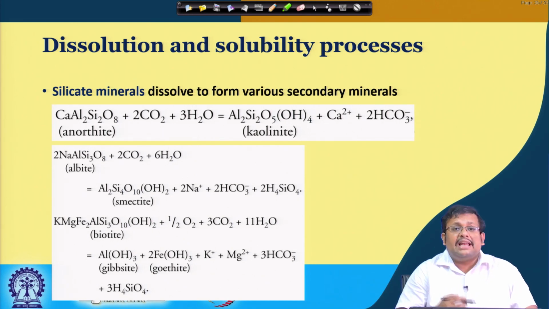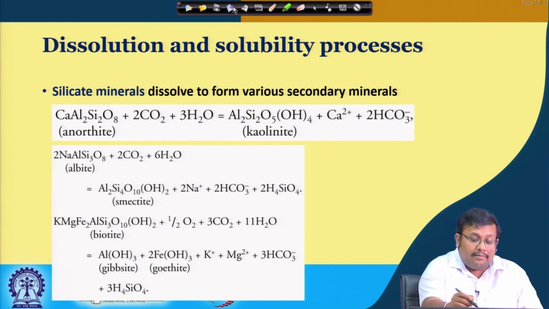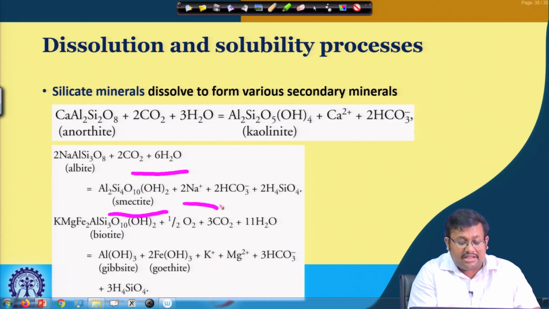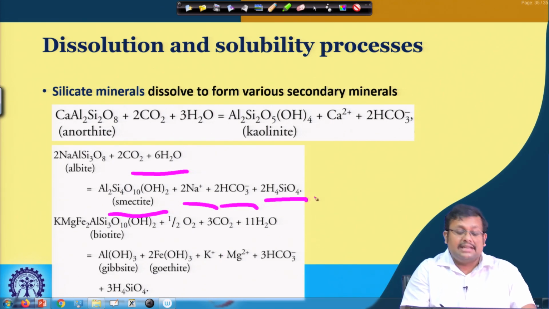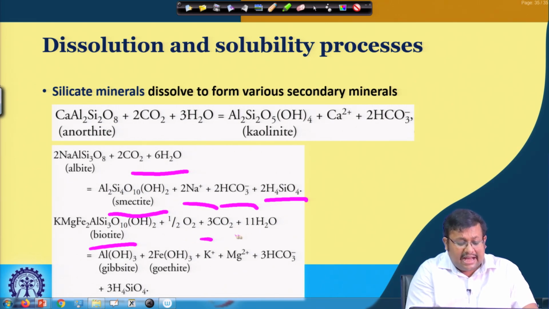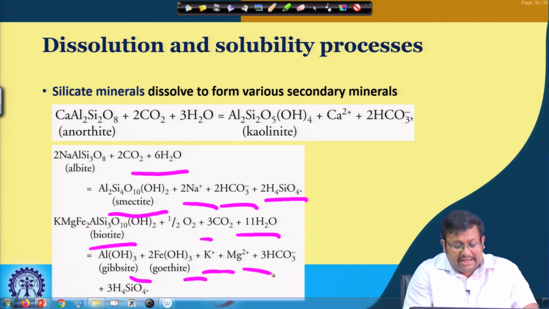Also, you can see here albite, when combining with the carbonic acid, forms smectite, and also forms sodium ions, bicarbonate ions and silicic acid. And also biotite, when reacting with the oxygen and carbonic acid, forms gibbsite, goethite, potassium ions, magnesium ions, bicarbonate ion and silicic acid.